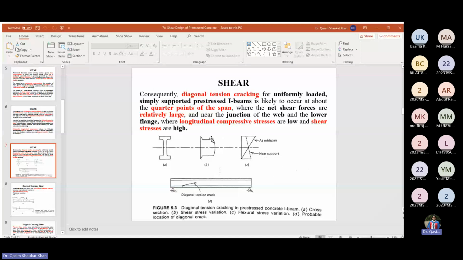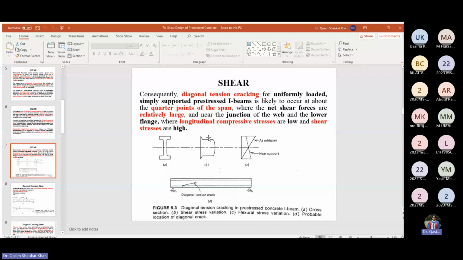And you can see from where the web is starting. In the web, the shear stresses' value remains almost the same because the width is the same. But at the junction, you can see a significant increase in the shear stresses, because the flange width is significantly larger than the web width. So as we proceed from the flange to the web, the width reduces significantly, so the shear stresses increase significantly.